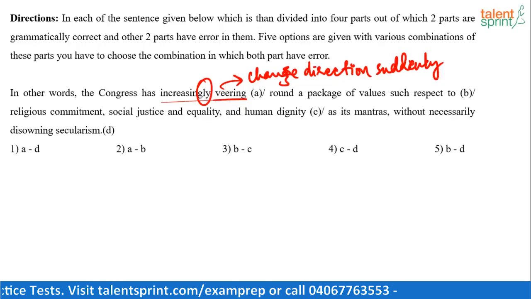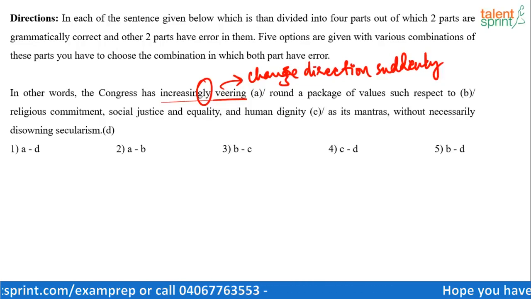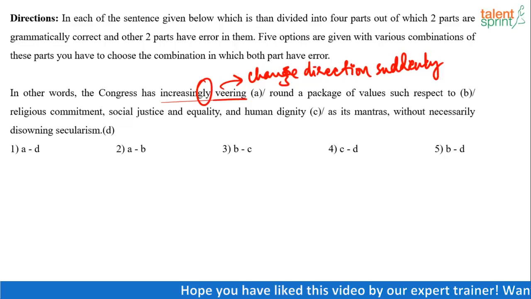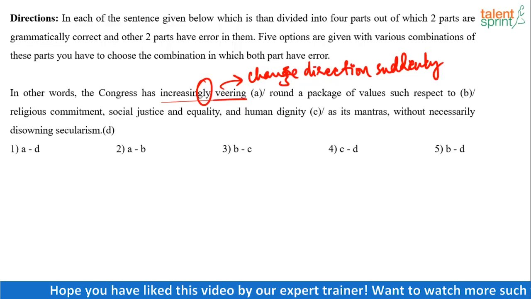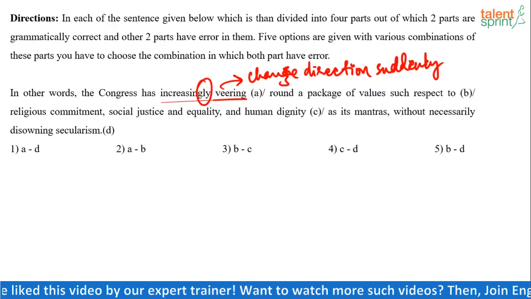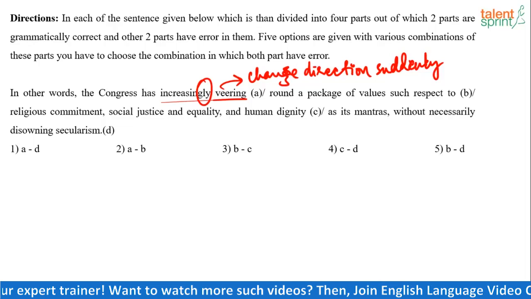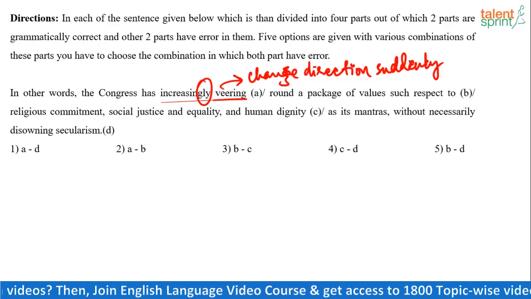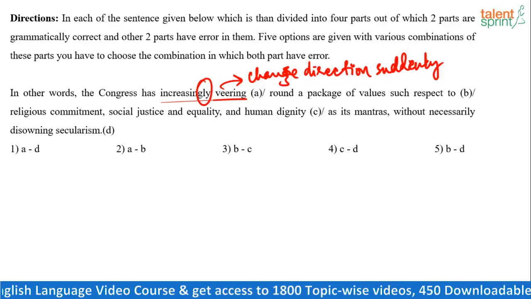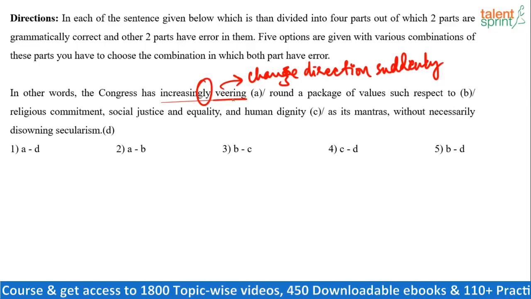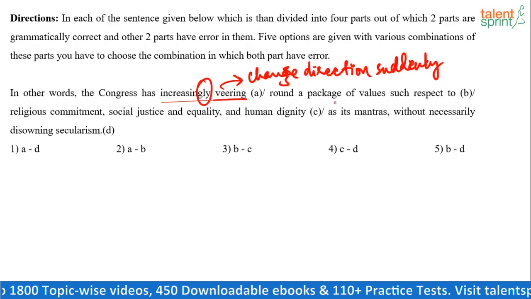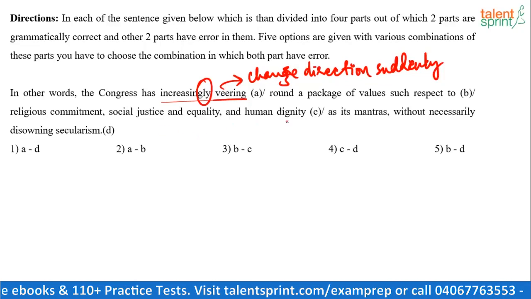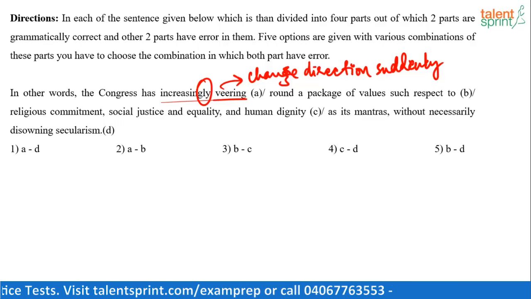What should be the right word instead of increasingly? In other words, the Congress has increasingly veering round a package of values such as respect to religious commitment, social justice and equality, and human dignity as its mantras without necessarily disowning secularism.